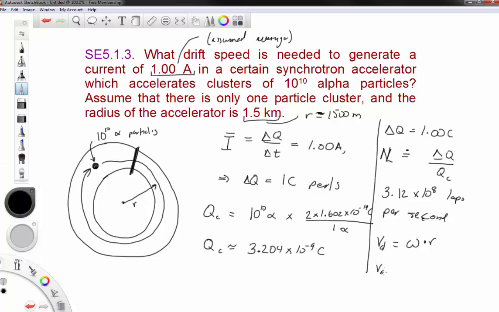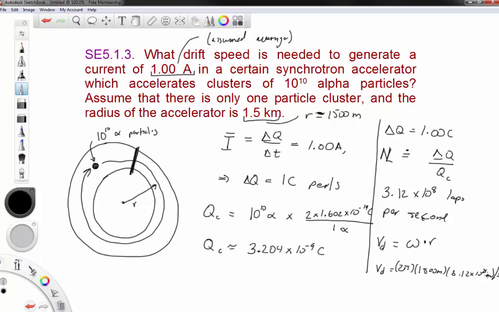So Vd is equal to 2 pi times the r, which is 1,500 meters, times 3.12 times 10 to the 8 laps, and all of this happens per second.